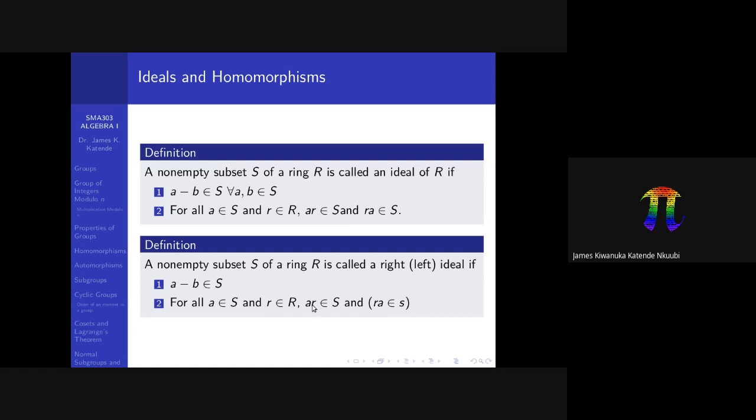You can see the R here is on the right. Left is in the brackets, so left simply means it only works if you multiply by R on the left, where R is some element from R. So there are some ideals which only satisfy this property, and those will be the right ideals. And there are some that satisfy only this property, and those will be the left ideals. But if both are satisfied, we just call it an ideal.